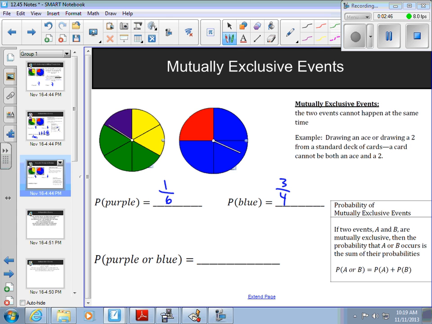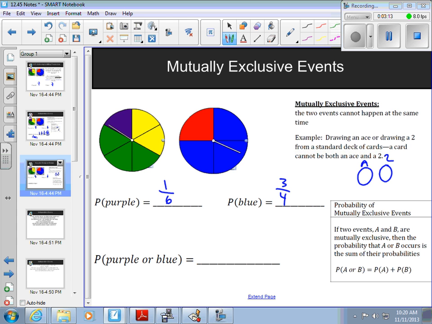So for example, drawing an ace or drawing a 2 from a deck of cards are what's called mutually exclusive because they cannot both be the same thing. A card cannot be both an ace and a 2. These two groups are separate, aces and 2s. There's no overlap. Same with our spinner example here. Spinning a purple and spinning a blue are two totally separate things from each other. They cannot be the same.